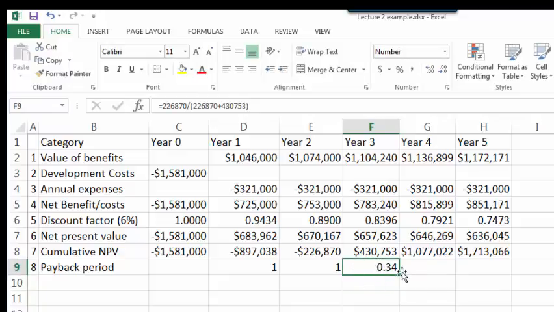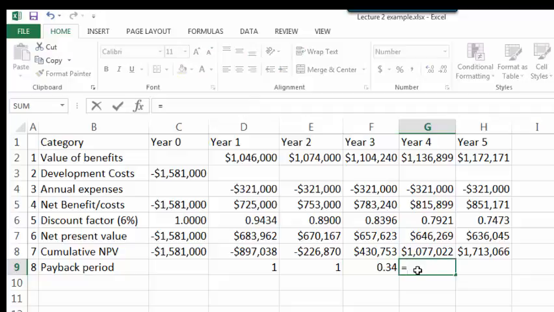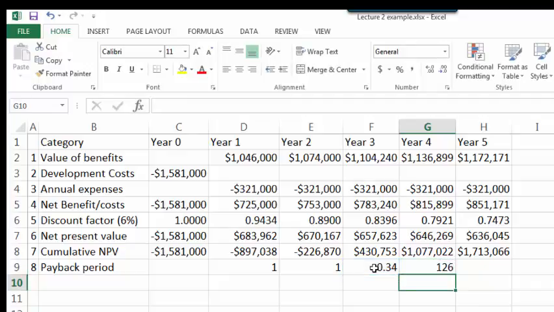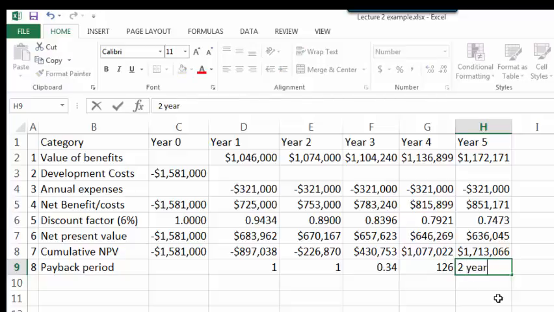We don't need the entire year to get the balance; we only need about 0.34 years. Now we calculate how many days are equivalent to 0.34 years: this times the number of days in a year, 365. So that comes to 126 days. So the payback period equals 2 years, 126 days.